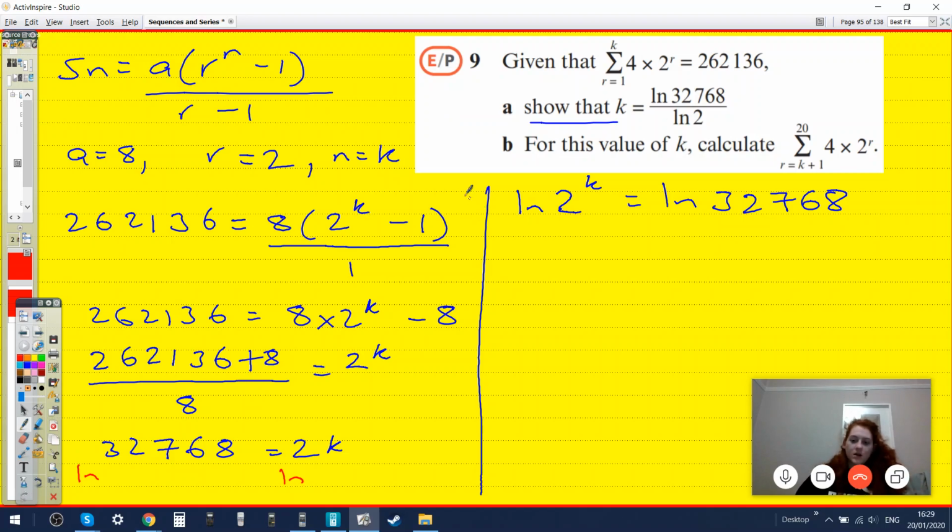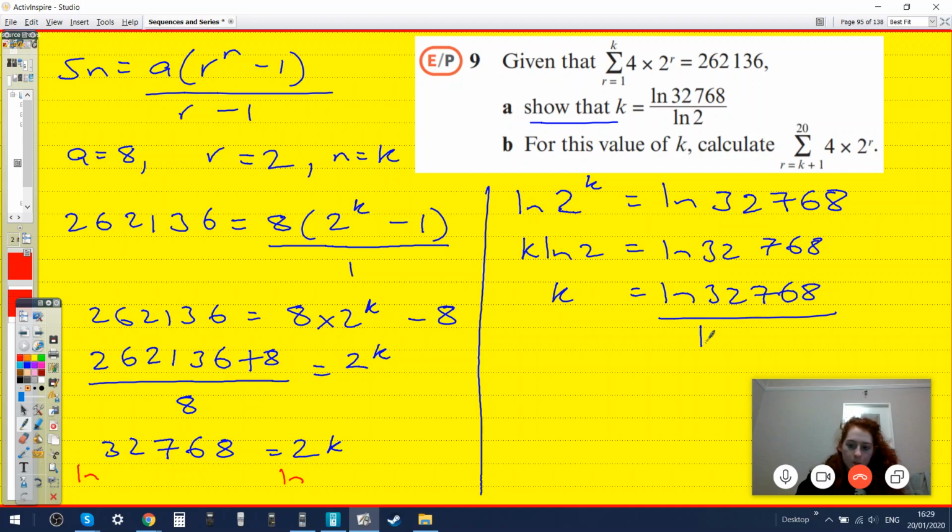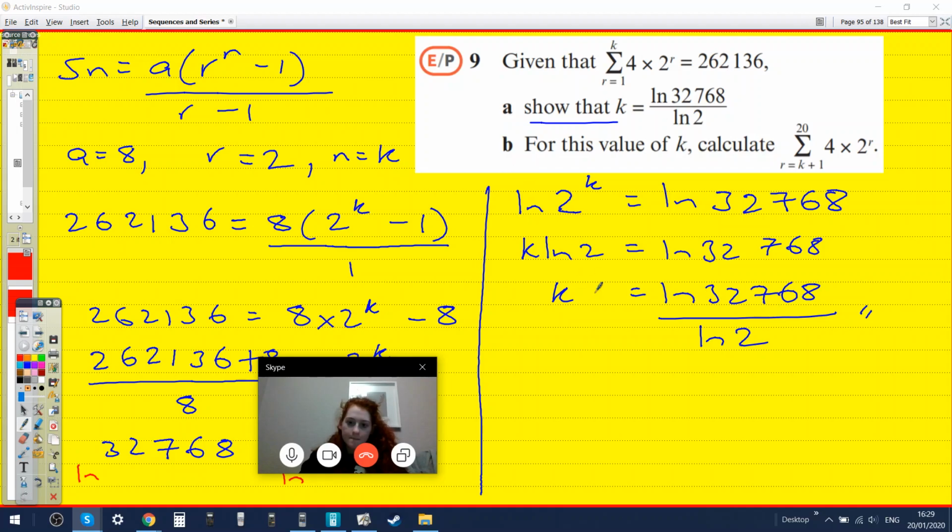Yeah, I've got that answer. So you bring the k down. I think that's the important bit, to show that you bring the k down, and then I think you've shown enough. For a show that question, you just want to make sure you show that you know the laws of logs. Okay, so k is this, and then b.